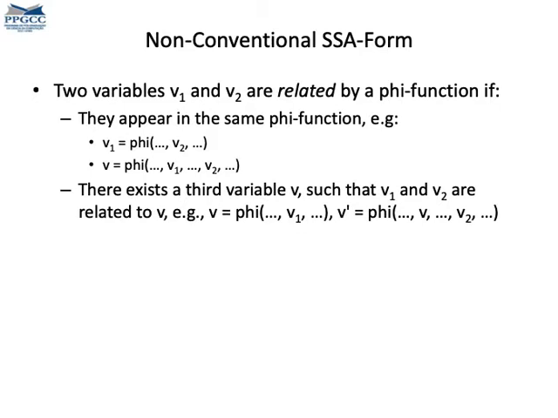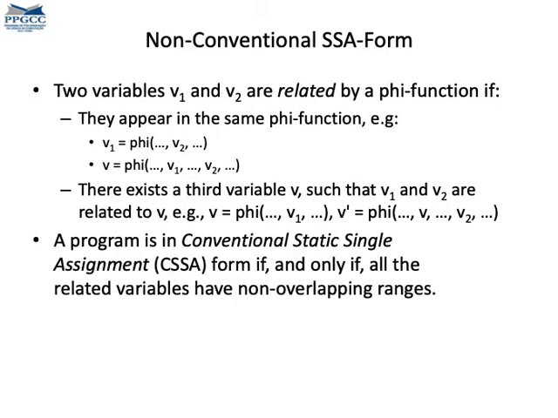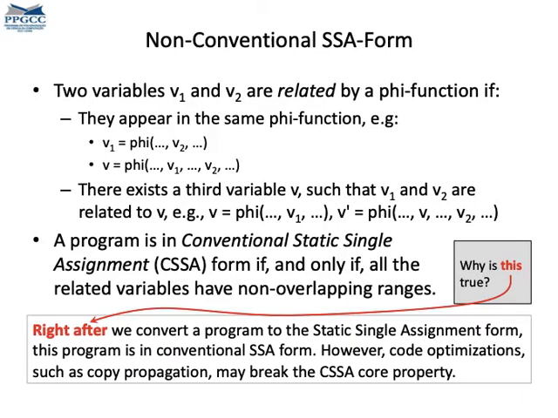So this notion is transitive. And we say that a program is in conventional SSA form if no phi-related variables have overlapping live ranges. Usually this is true right after we convert a program to SSA form. Would you like to think about why this is the case?